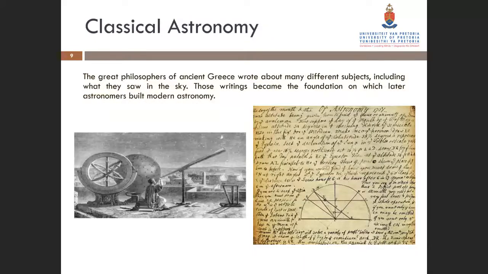So the great philosophers of ancient Greece wrote about many different subjects, including what they saw in the sky. Those writings became the foundation on which later astronomers built modern astronomy.